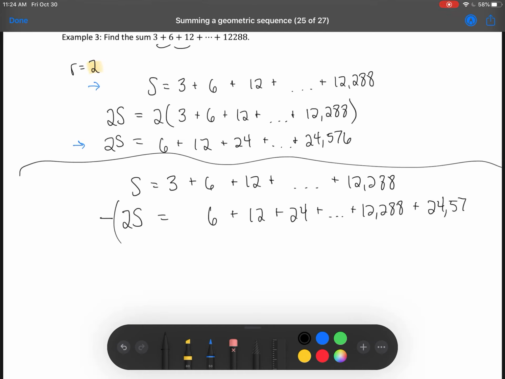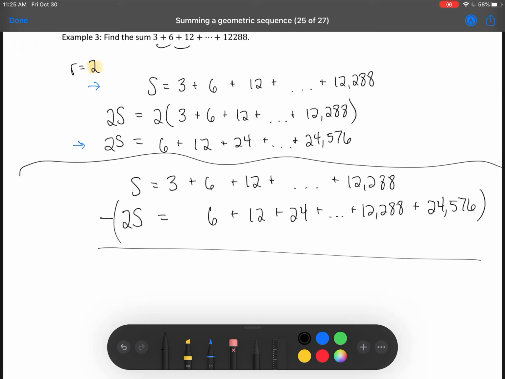Of course, the second to last term in our 2s would have been the 12,288. And I'm putting parentheses around the whole thing since we are subtracting.